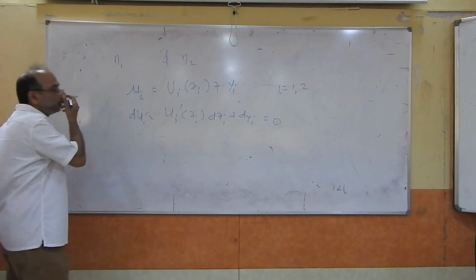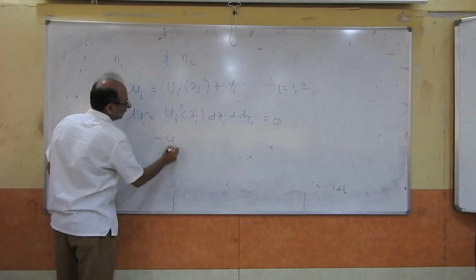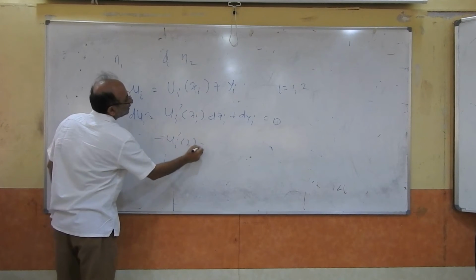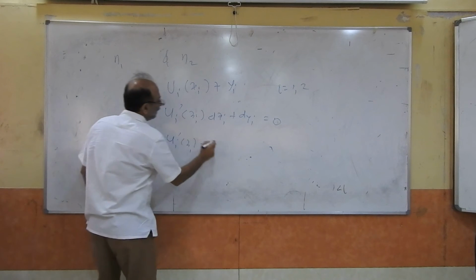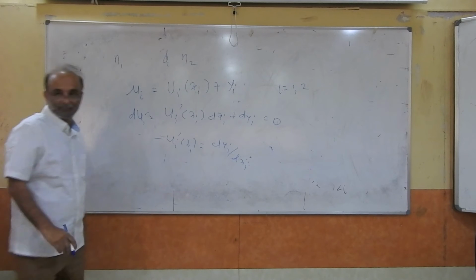So the slope of this is minus U_i'(x_i), which is equal to dy_i by dx_i.